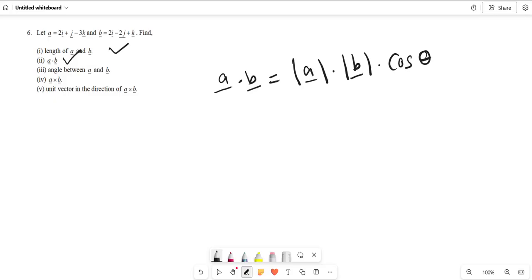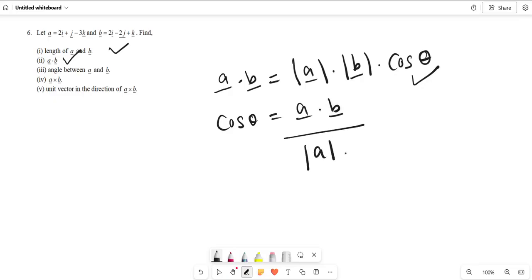This is the definition of the dot product. By this formula you can find cos theta by making it the subject. So then it is A dot B divided by mod of A into mod of B. We have already taken A dot B as minus 1, and also the magnitude of A and magnitude of B.